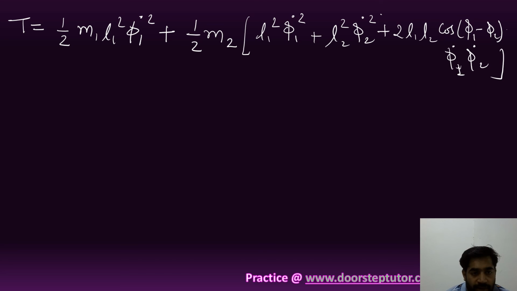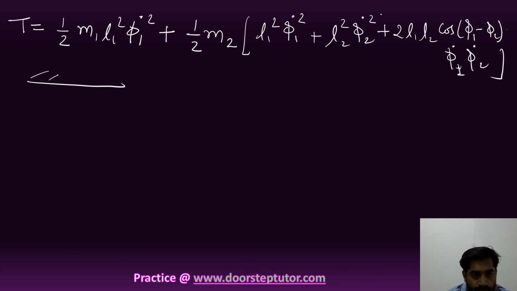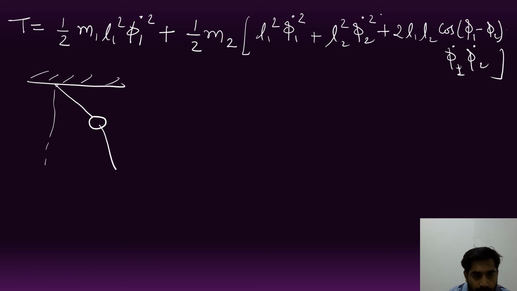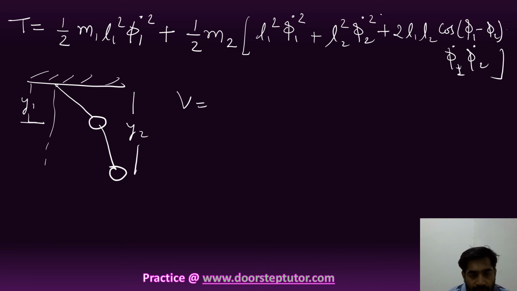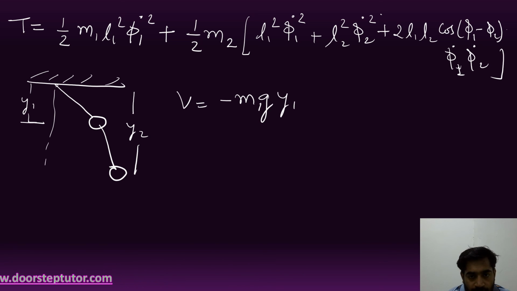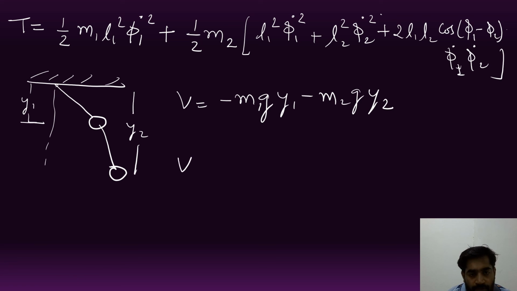What about the potential energy? The bob is like this and another bob like this, so the height is y1 for this and y2 for this. So the potential energy will be minus m1 g y1 minus m2 g y2. Just put the values of y1 and y2.